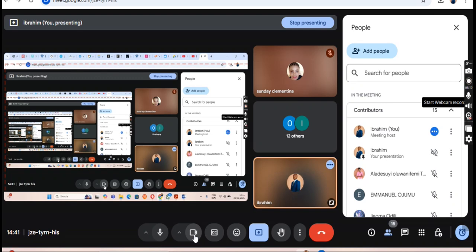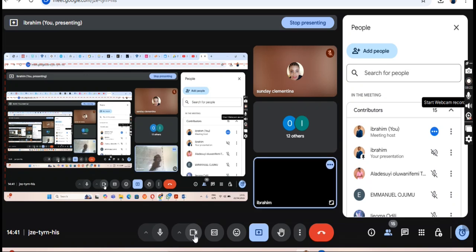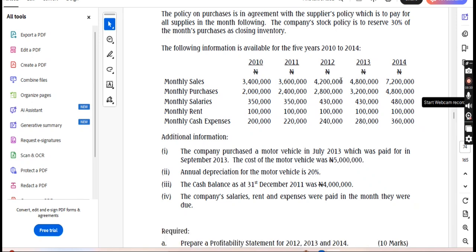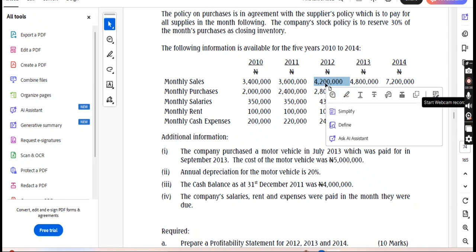No. Your profitability statement is your normal profit or loss. Now, sales, let me pick from 2012. This is monthly sales. Multiply this by 12, 4,200,000 times 12. What do you have?